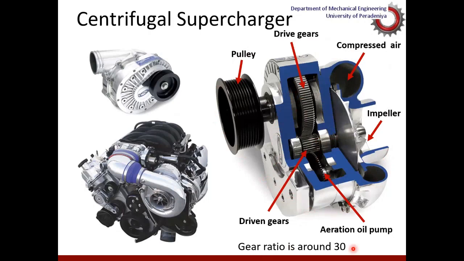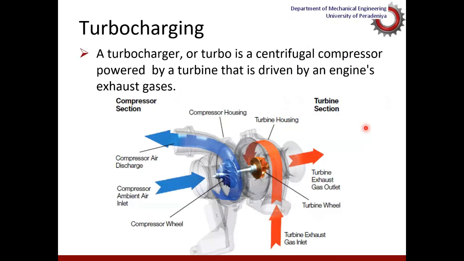That means if an engine runs at 2000 RPM, that speed is multiplied 30 times at the supercharger, so the impeller rotates around 30 times more than 2000 RPM, which means about 60,000 RPM. It achieves fairly large speeds, so high pressure boosting could be expected.